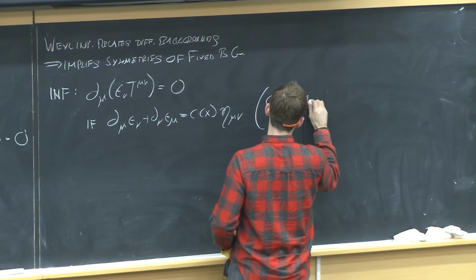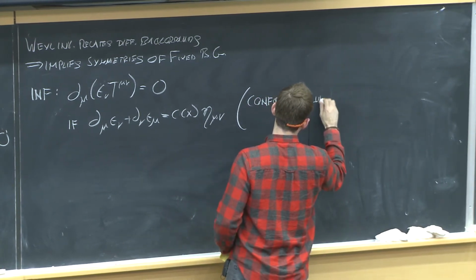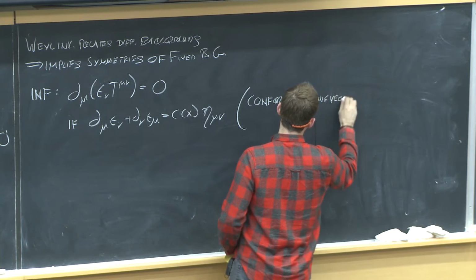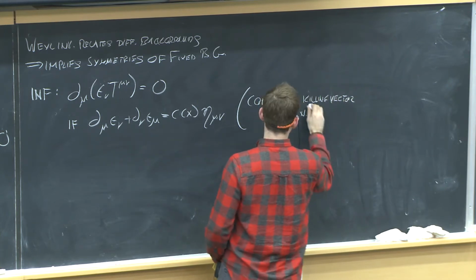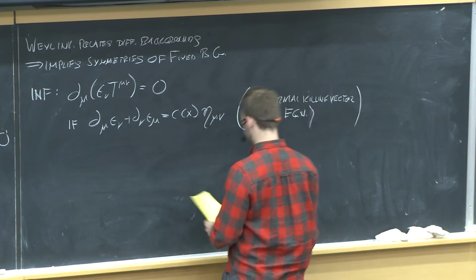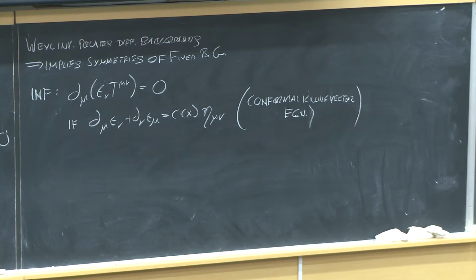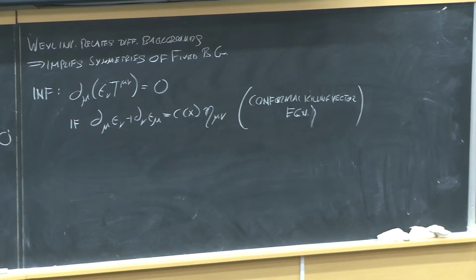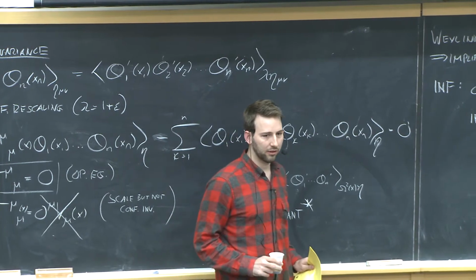And this is the conformal Killing vector equation. And so the claim is that I would have new conserved charges and corresponding symmetries associated to conformal Killing vectors.